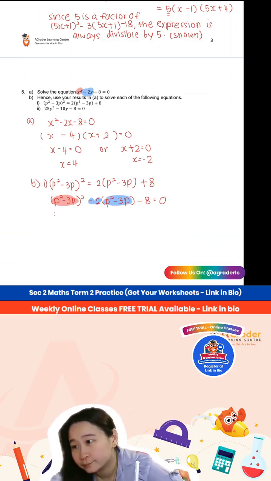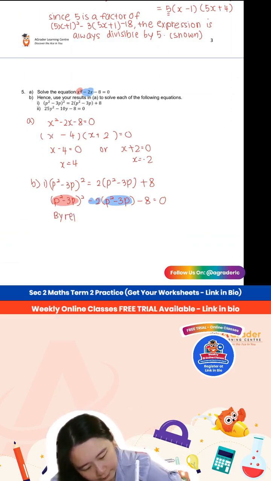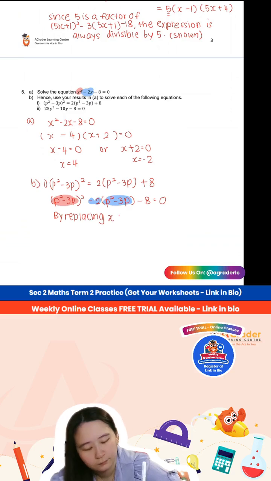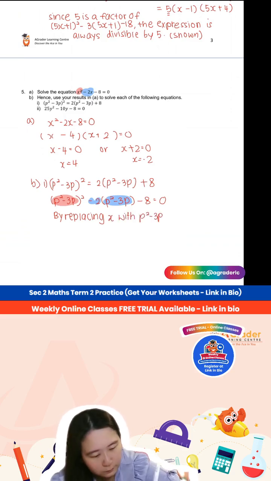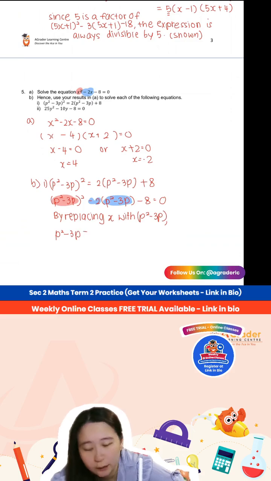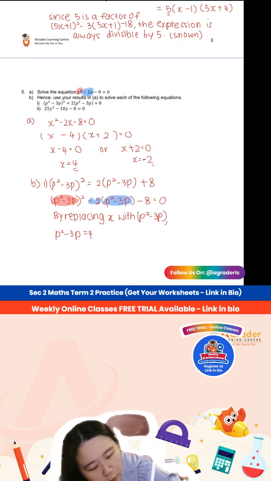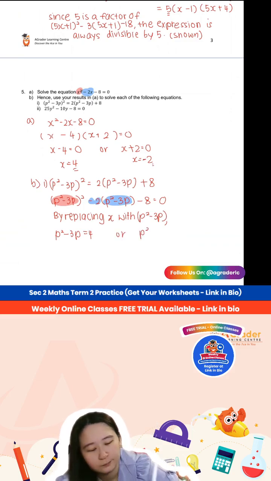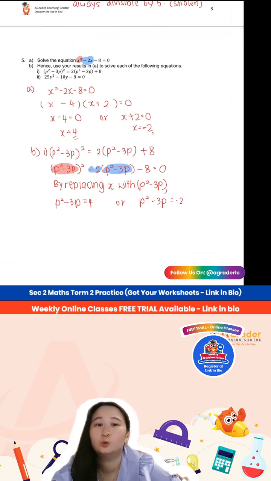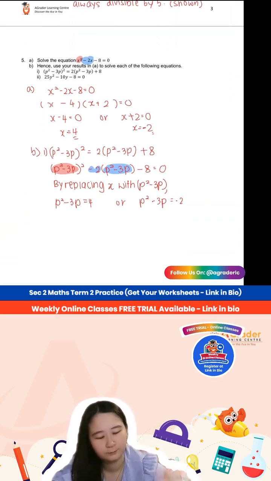Okay. So my p squared minus 3p equals 4 because x equals 4, or x equals negative 2. So or p squared minus 3p equals negative 2.